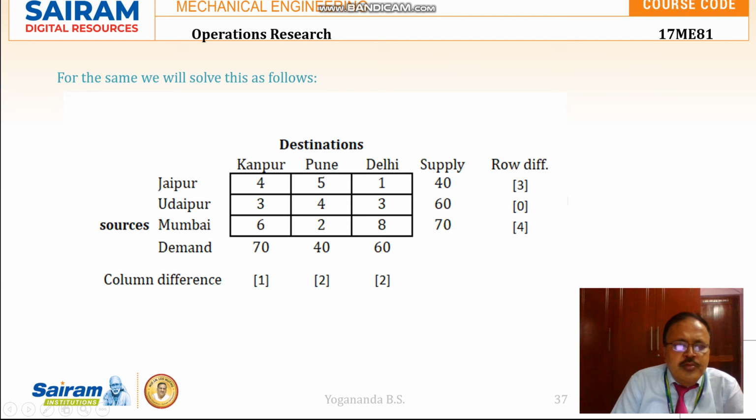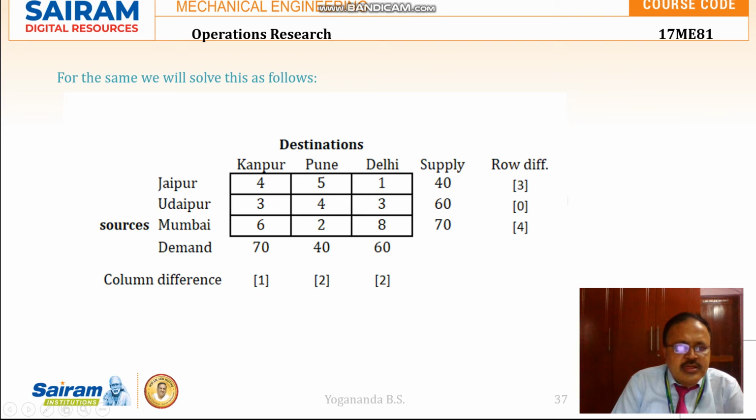So the first lowermost is 1, the next lowermost is 4. So the difference between them is the penalty. So 4 minus 1, that is 3 here. Then we have 3 minus 3, 0. We have 2 and 6, so the difference is 4.